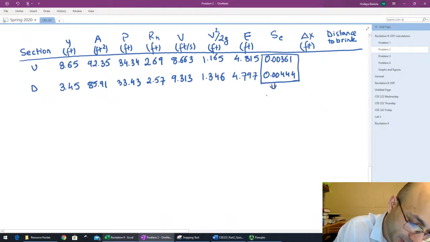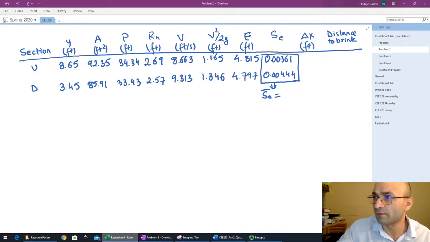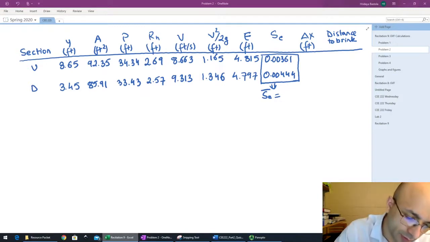So this will result in SE average of 0.00403.